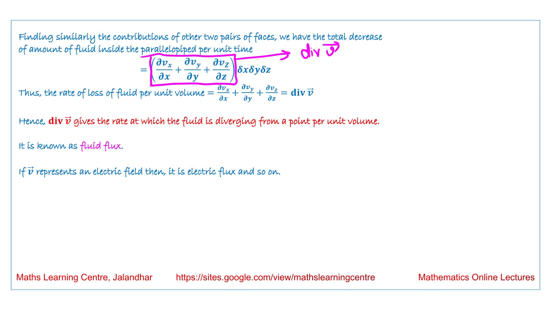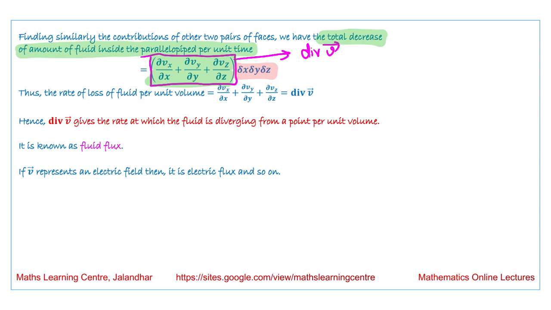This total value is the total decrease in the amount of fluid inside the parallelopiped per unit time. The quantity delta x into delta y into delta z gives us the volume of the fluid.